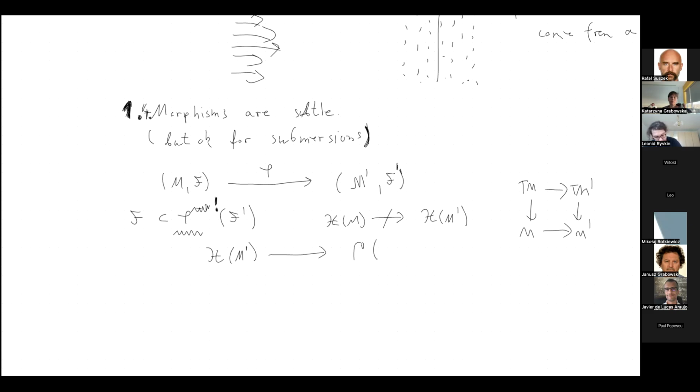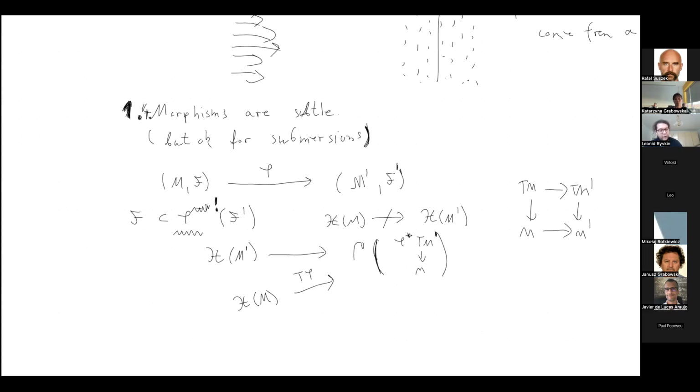So it's phi star of TM', not TM, as a bundle over M. Now we can look at the pre-image of T phi. So T phi takes a vector field on M, we just fiberwise apply T phi, and we get something in here.